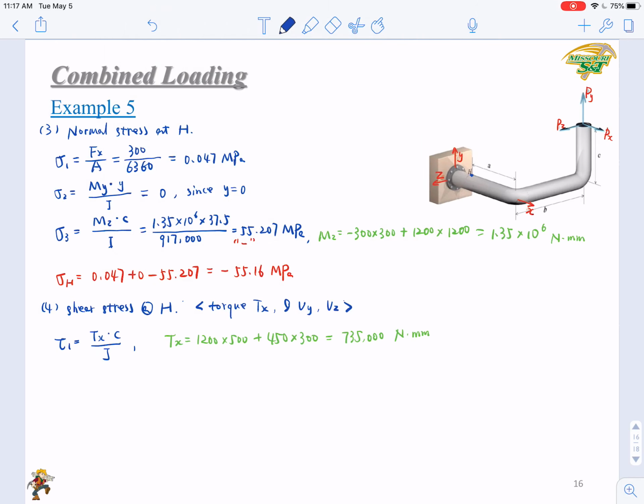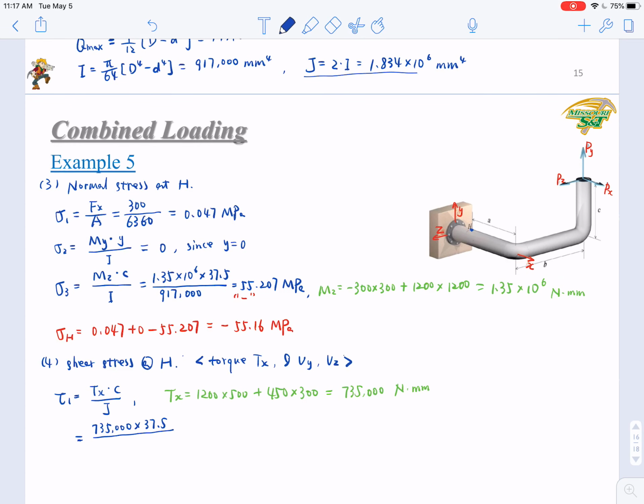Okay, now the equation can be extended. You just substitute the Tx by this number, 735,000 times 37.5 over J is here.